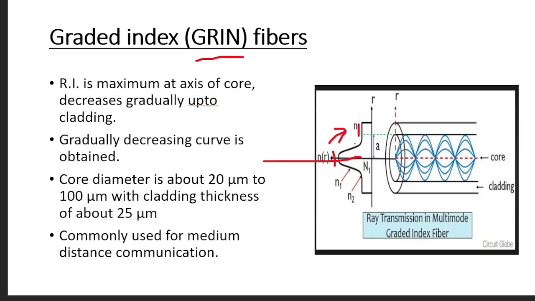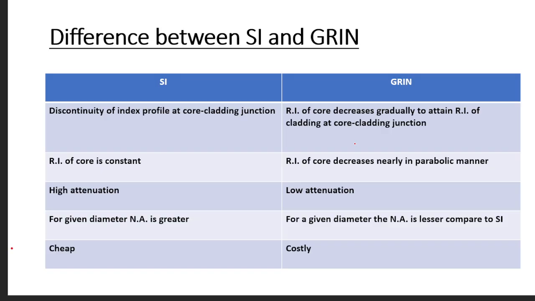In graded index fiber, the core diameter is about 20 micrometer to 100 micrometer and it has a cladding thickness of 25 micrometer. This type of fiber is commonly used in medium distance communication systems. So these are the types of optical fiber. Now let us discuss the difference between step index fiber and graded index fiber.